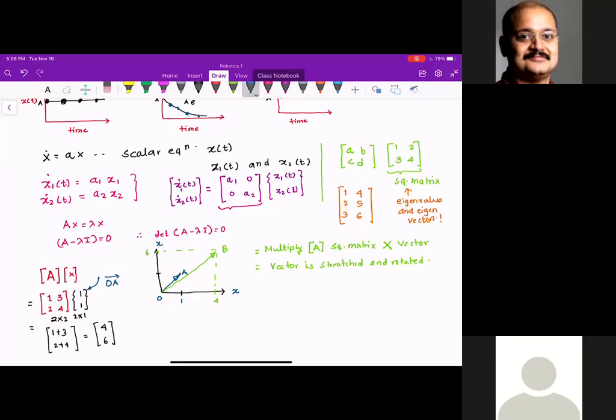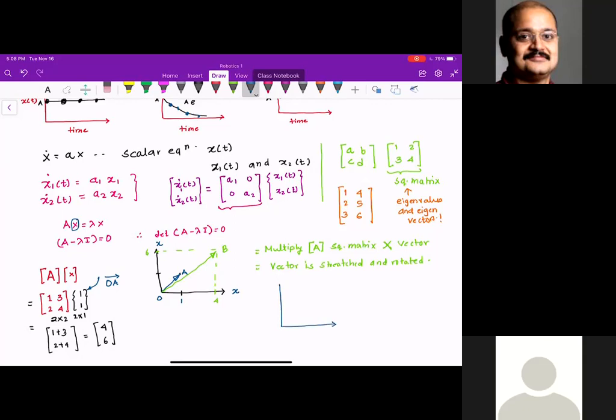Now, the eigenvalue problem. Imagine a vector. When you multiply that by the matrix, you get the scaled version of the vector.